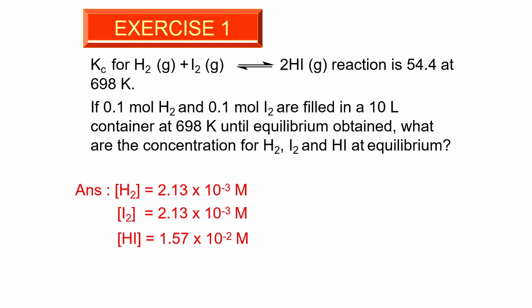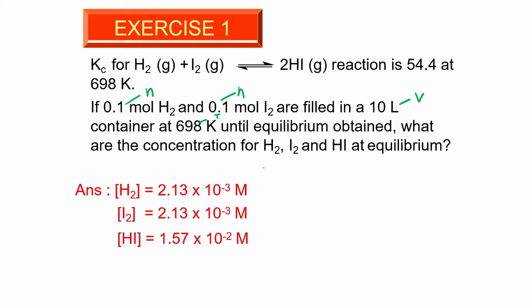Okay, so basically for this question, you are given the initial mole, which is 0.1, the same for hydrogen and iodine. This one is volume, and then you have temperature. Alright, so if you have mole, volume and temperature, we can find concentration first.